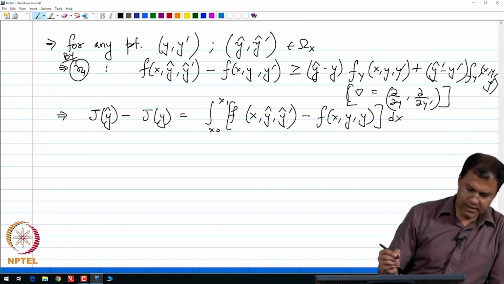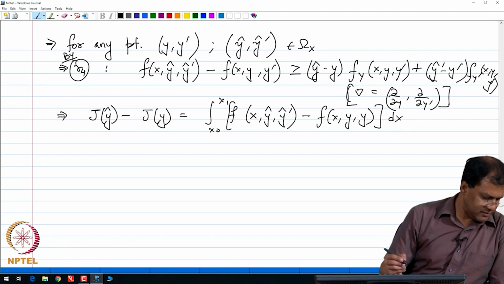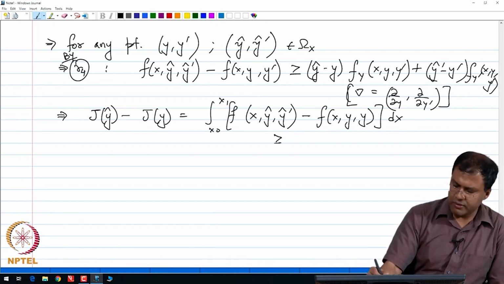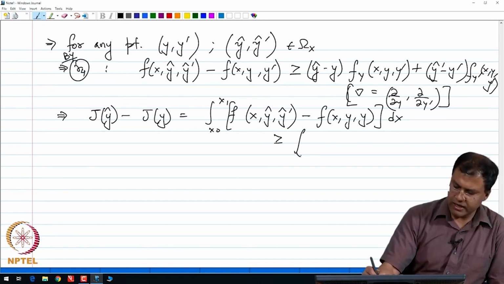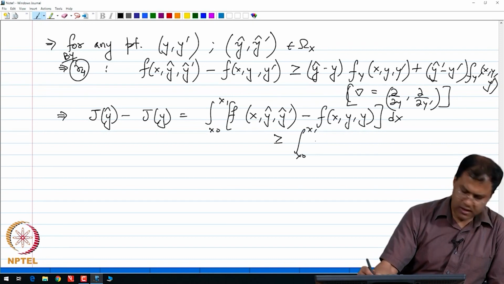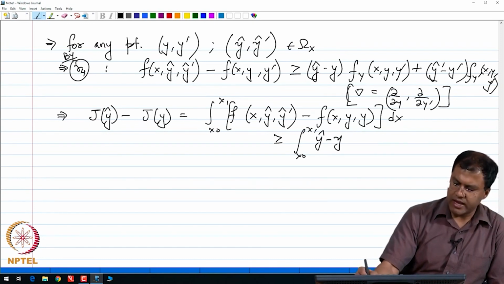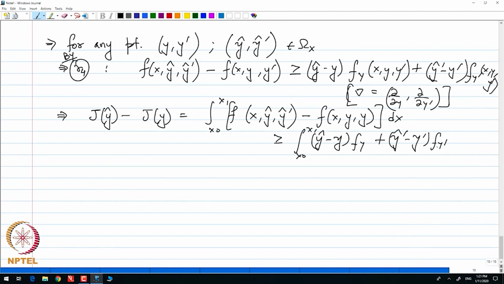We see that this is also going to be greater than or equal to, via the inequality above, the integral from x 0 to x 1 of y hat minus y times f of y plus y hat prime minus y prime times f of y prime, dx.